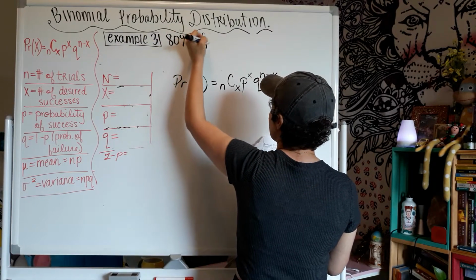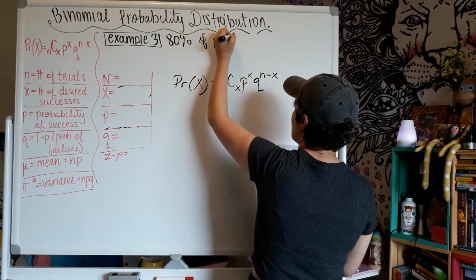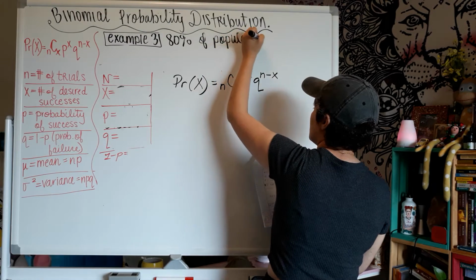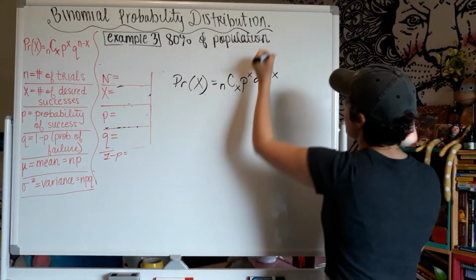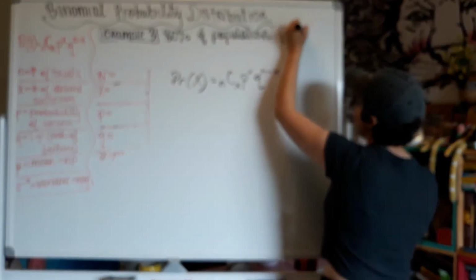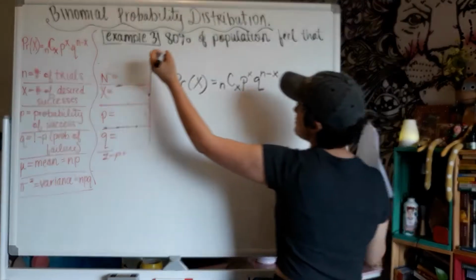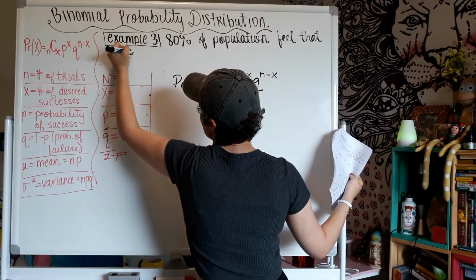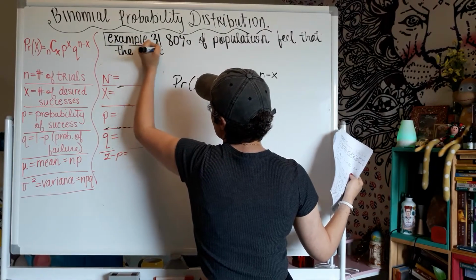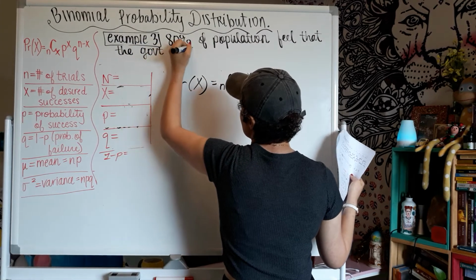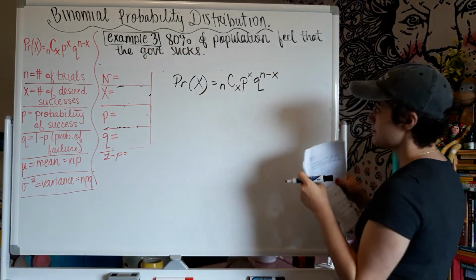80% of the population feel that the government sucks.